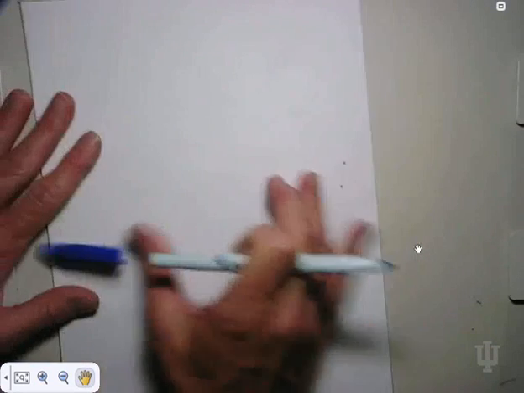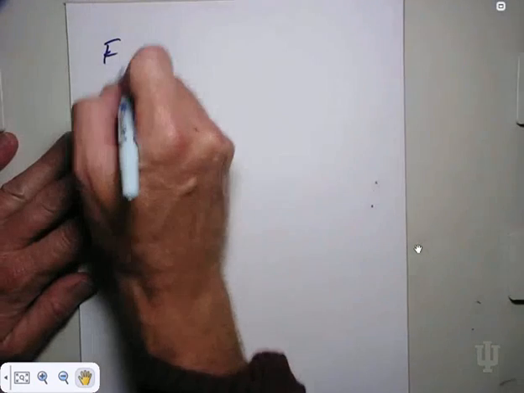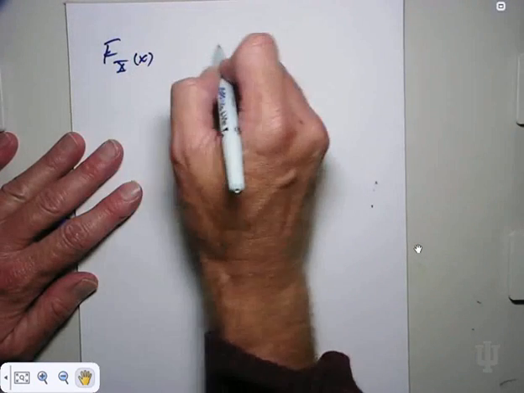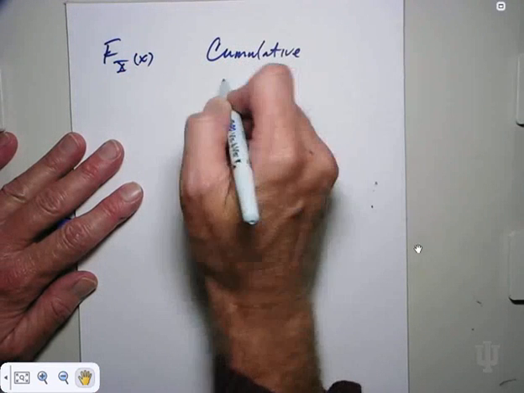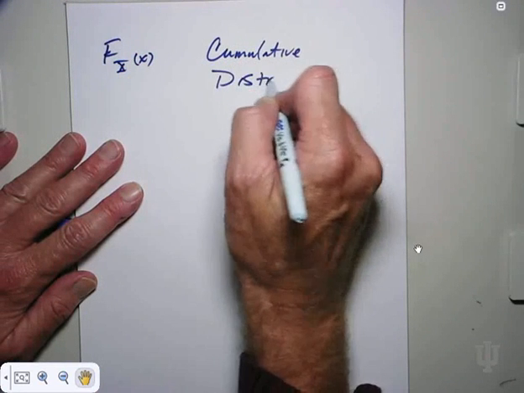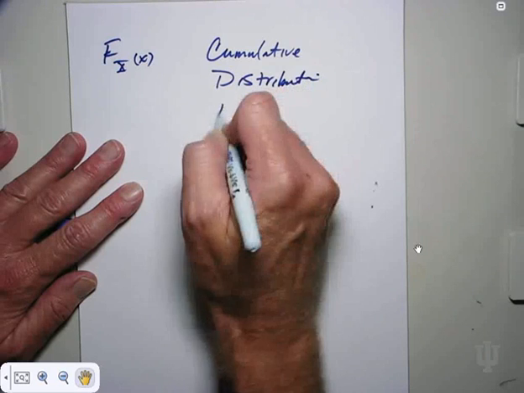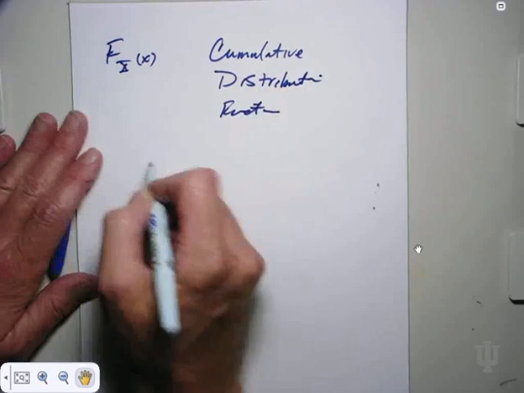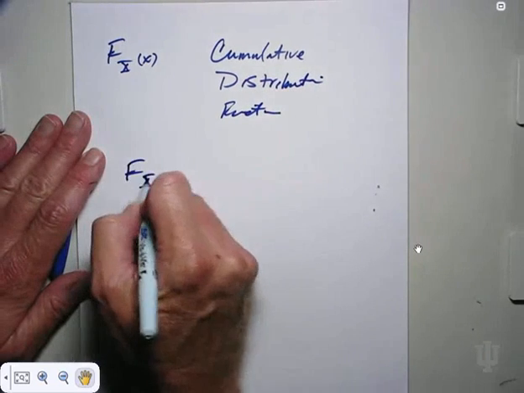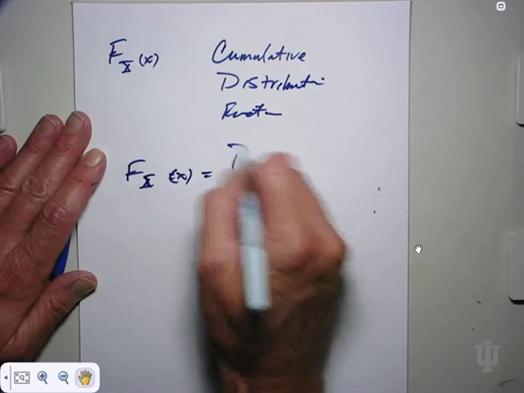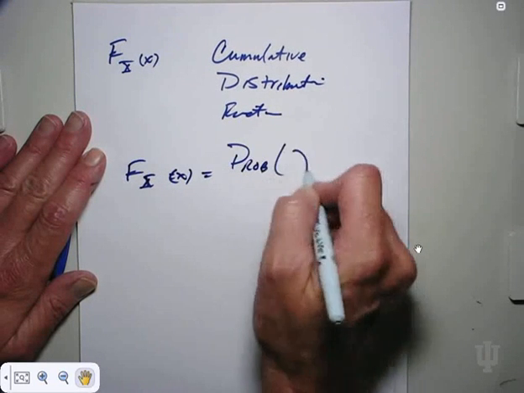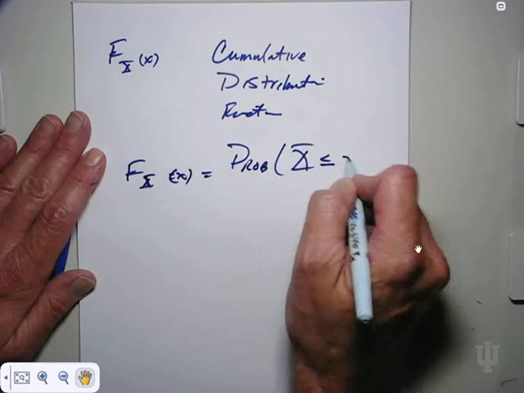All right. So let's recall Fx. This is called, again, the cumulative distribution function. And what it represents is a function of x. It represents the probability that the random variable capital X is less than or equal to little x.